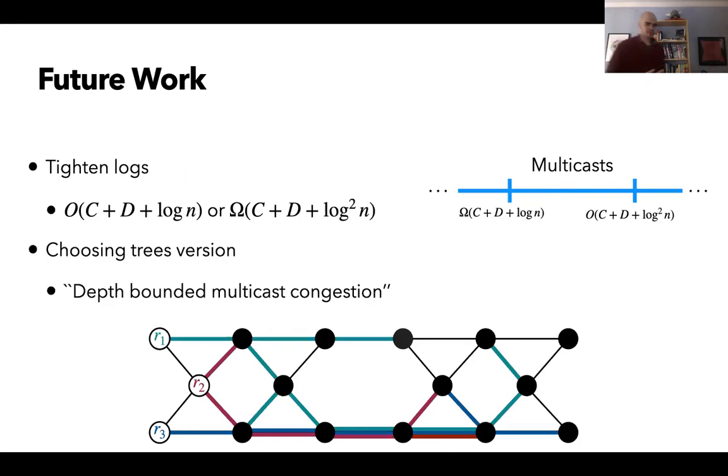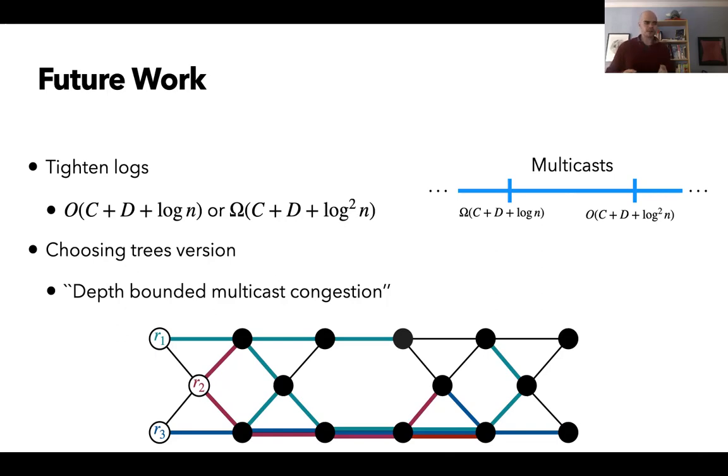I think the other thing which might be interesting is studying the version of simultaneous multicast where you're allowed to actually choose the trees. So, simultaneous multicast, as I described it, was this problem where you're given a root and you're given a tree for each root, and each root has some packet.